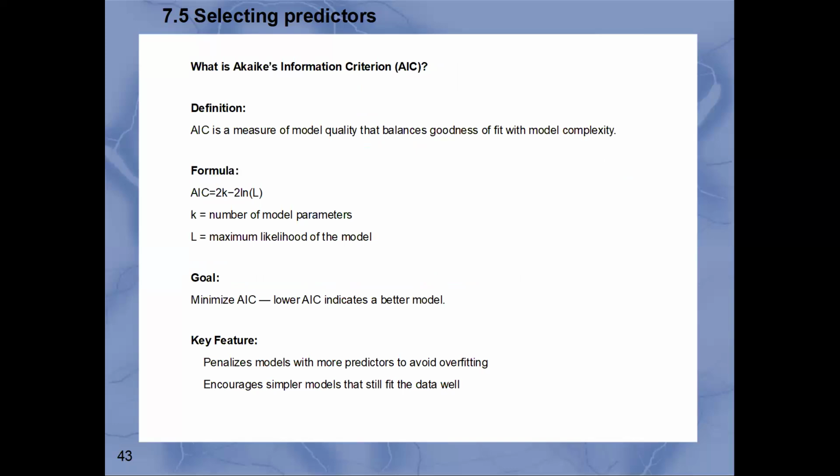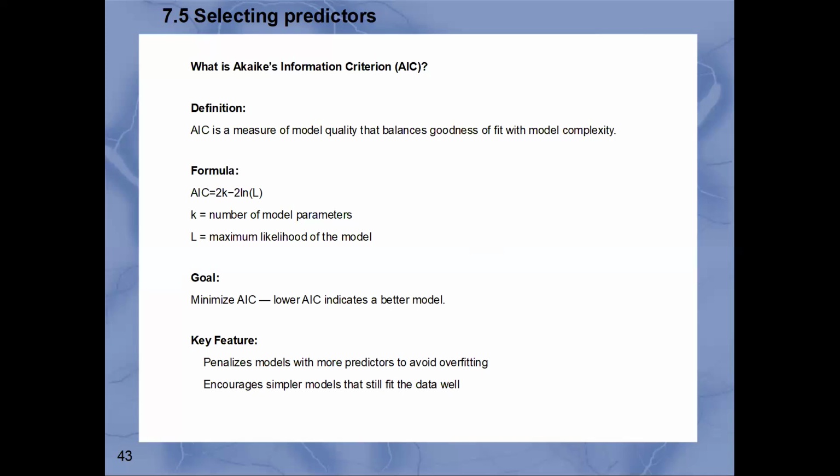We also have AIC, which is a measure of model quality that balances goodness of fit with model complexity. The formula is that AIC is equal to 2K, where K is the number of model parameters, minus 2 times the natural log of L, and L is the maximum likelihood of the model.